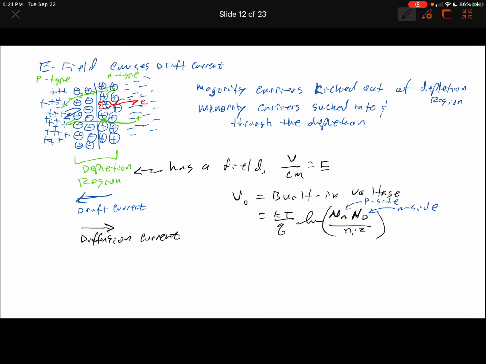Those are the two doping densities, and kT over q is 25.8 millivolts. So we have a voltage, 25.8 millivolts times the natural log of Na times Nd over Ni squared. That's that voltage that's in there. So it's 0.0258 times the natural log of Na times Nd over Ni squared at 300 degrees K.